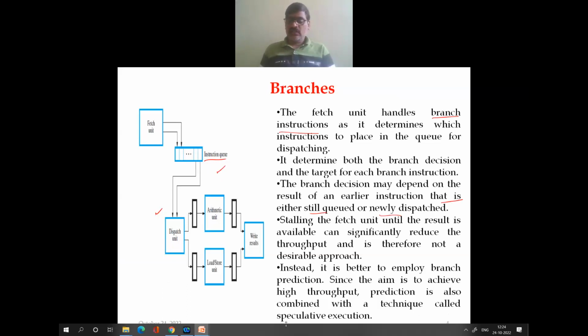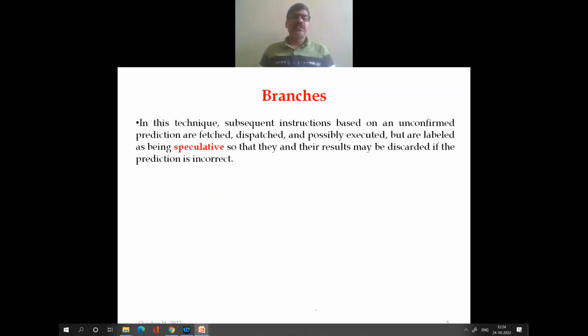In this technique, subsequent instructions which are based on an unconfirmed prediction are fetched, dispatched, and possibly executed, but are labeled as being speculative so that they and their results may be discarded if the prediction is incorrect.